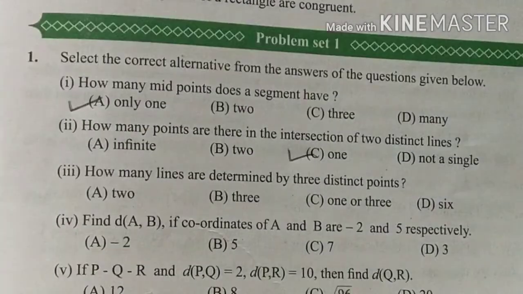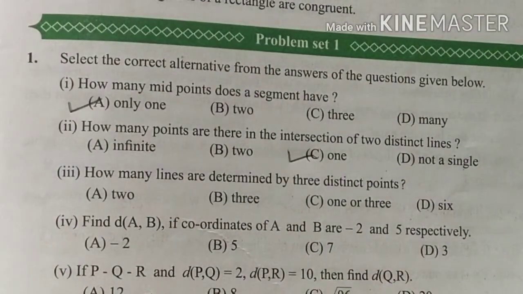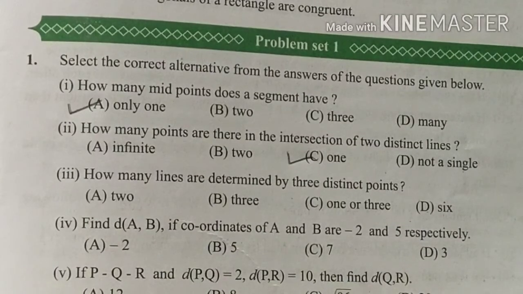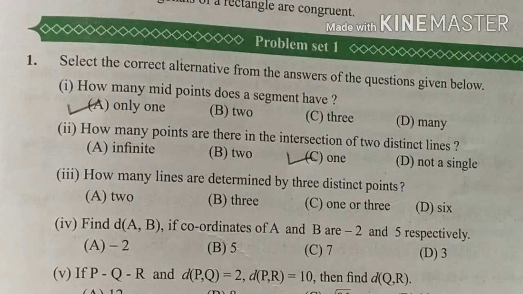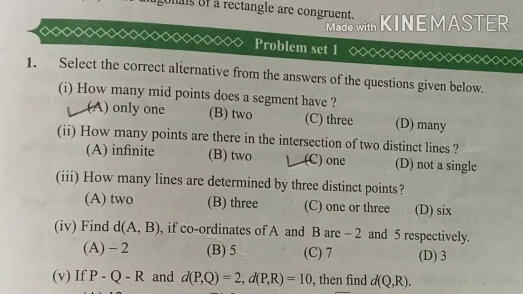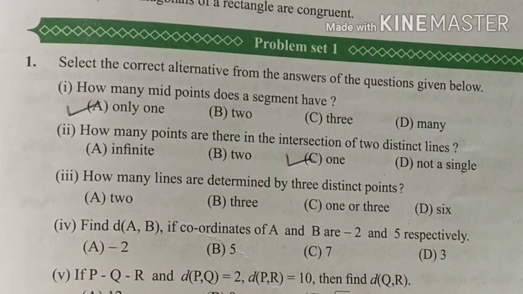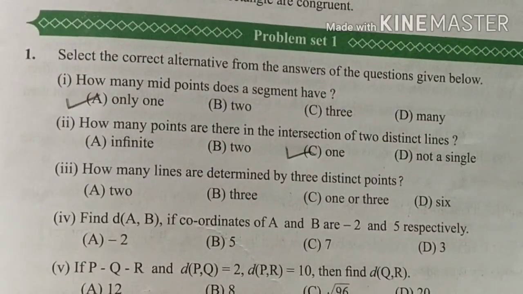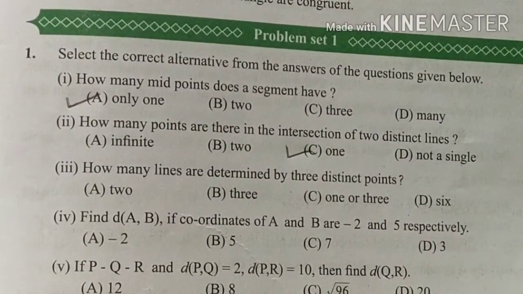Okay. Third one: how many lines are determined by 3 distinct points? How do we solve this? We have 3 distinct points, but it is not given whether the points are collinear or non-collinear, so we have to write the answer for both.